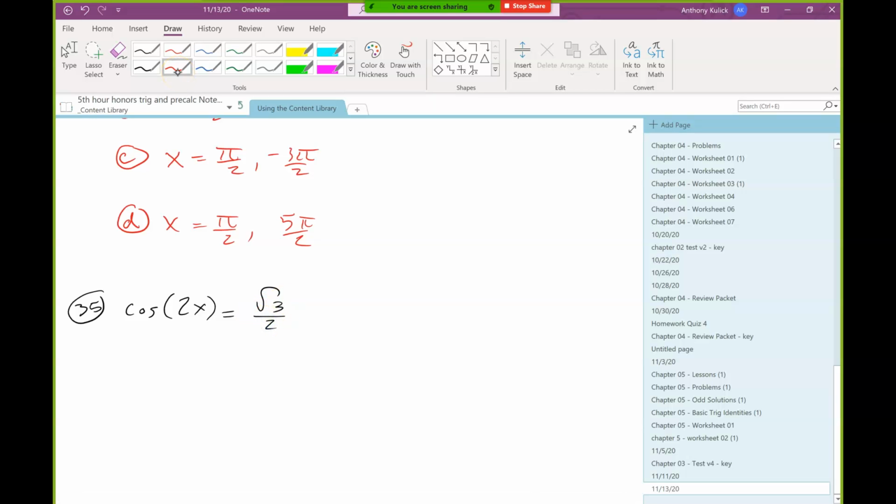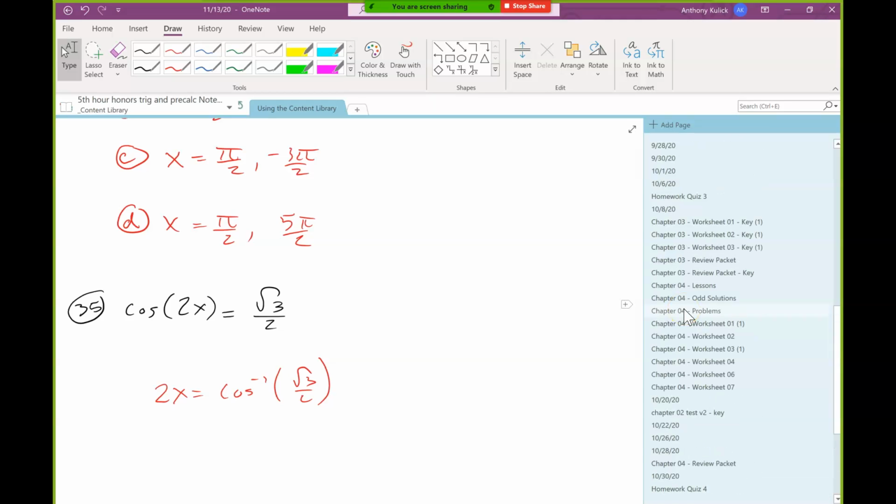So here's this one, 35. So it's basically the cosine part is already isolated, so I can go straight to the inverse. But since I have a coefficient on my x, it's not quite as easy as the ones where the coefficient on the x is just 1.